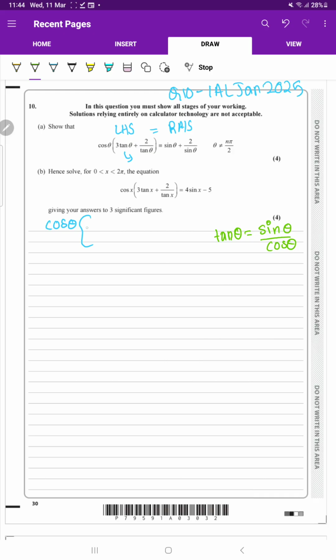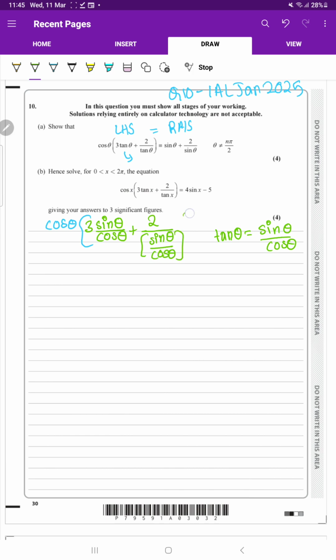So we replace this 3 tan theta with 3 sin theta over cos theta, plus, replace this 2 over tan theta, again with sin theta over cos theta.